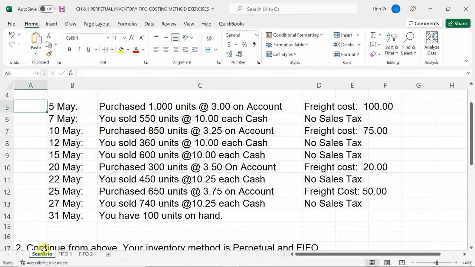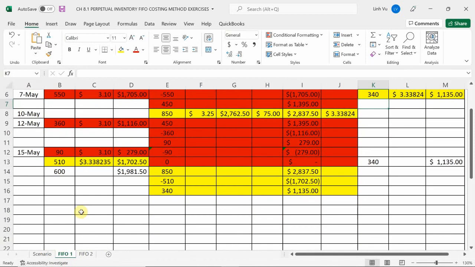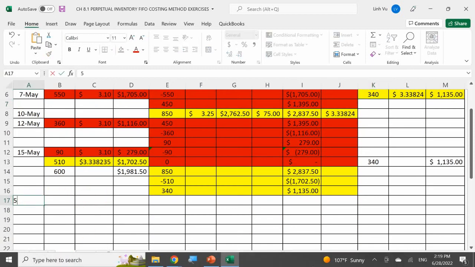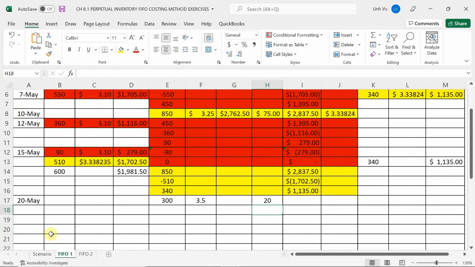So let's see what happened next. May 20th, we end up purchasing 300 units at $3.50 with a freight of $20. Okay. So again, let's find the next blank space here. So today is May 20th. We purchased 300 units at $3.50 with the freight of $20.